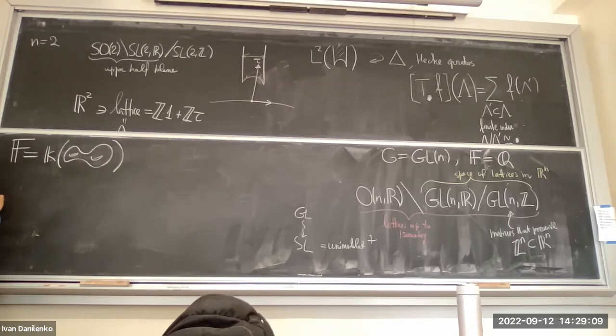Then the space, first of all, my maximal compact is just what are adeles? Adeles, you look at all points of your curve, and by points, I mean all closed points.